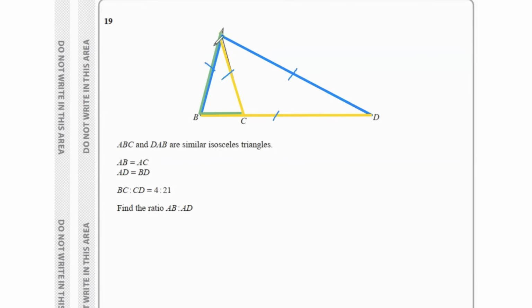We can see that BC divided by AB, because BC and AB are similar, would equal AC over BD, because AC and BD are similar.